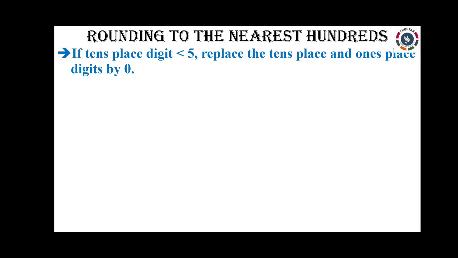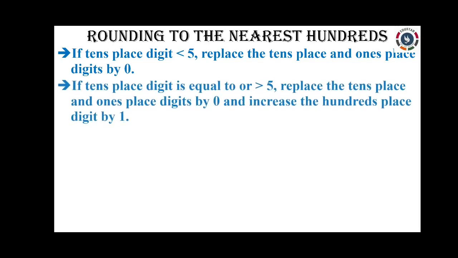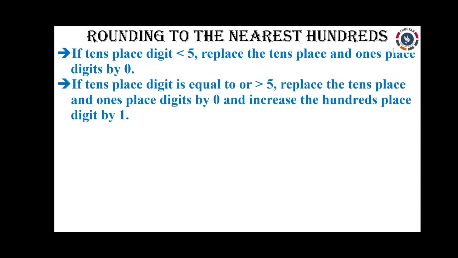If the tens place digit is equal to 5 or greater than 5, then replace the tens place digit and ones place digits by 0 and increase the hundreds place digit by 1. Let us see this with the examples.